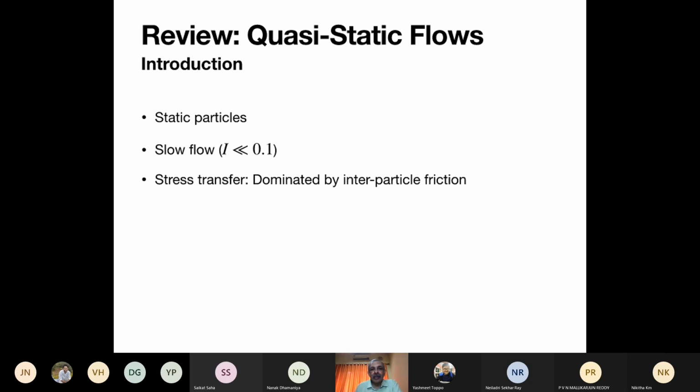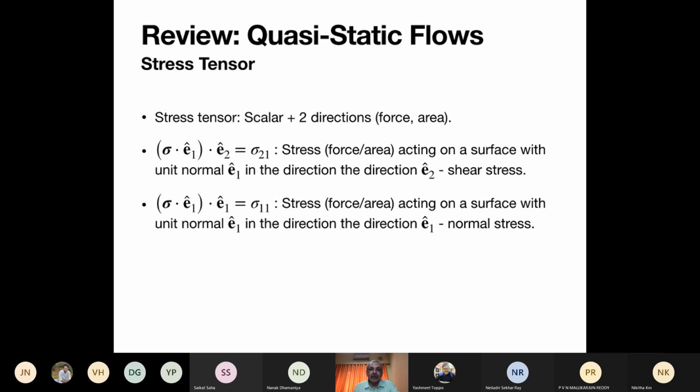So to do this, again we need some theory, and instead of looking at particles, we are going to be taking a continuum approach, which means that everything is smoothed over, and at every point we can define the stress. And the first thing we want to do is calculate the stress at any point.